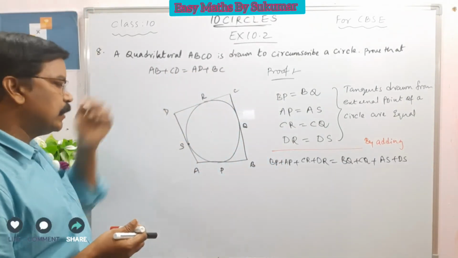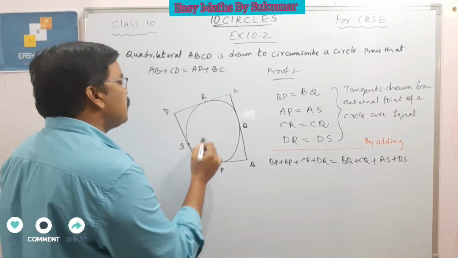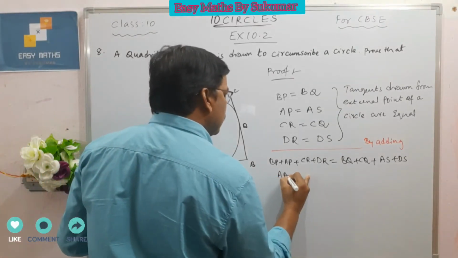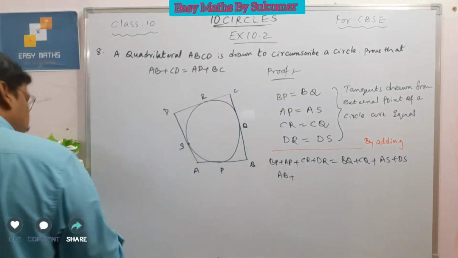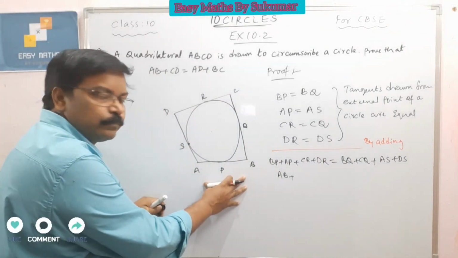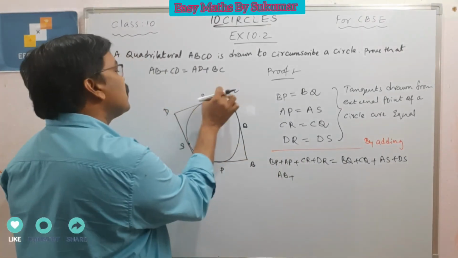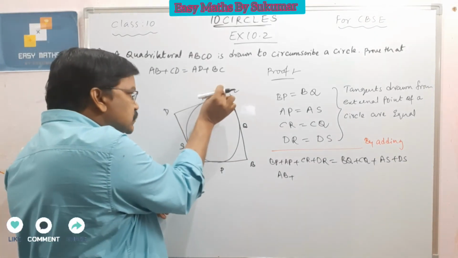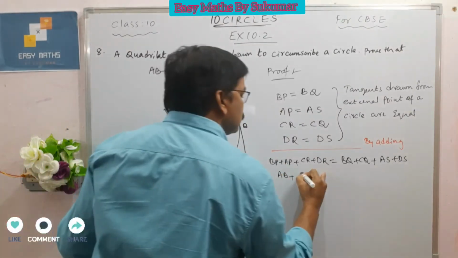See my dear students, here BP plus AP is equal to AB. Similarly, CR plus DR is CD.